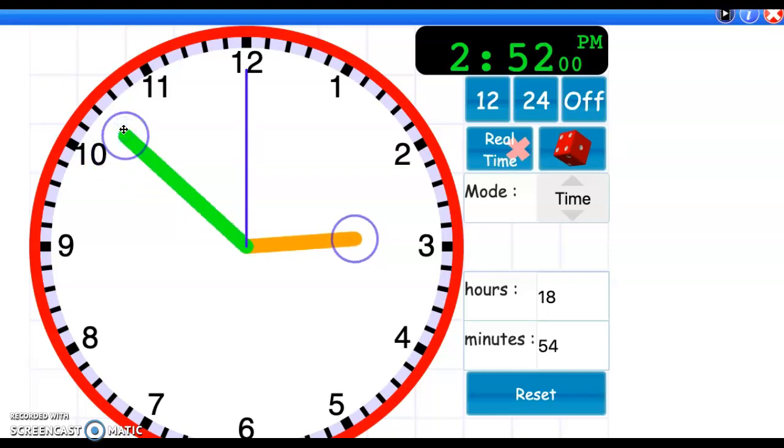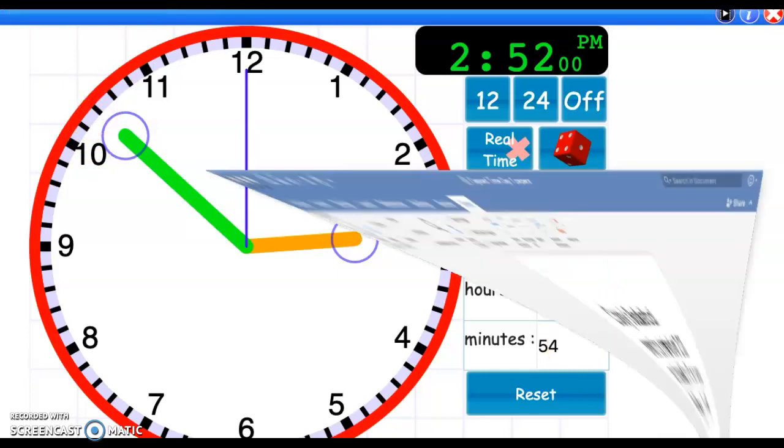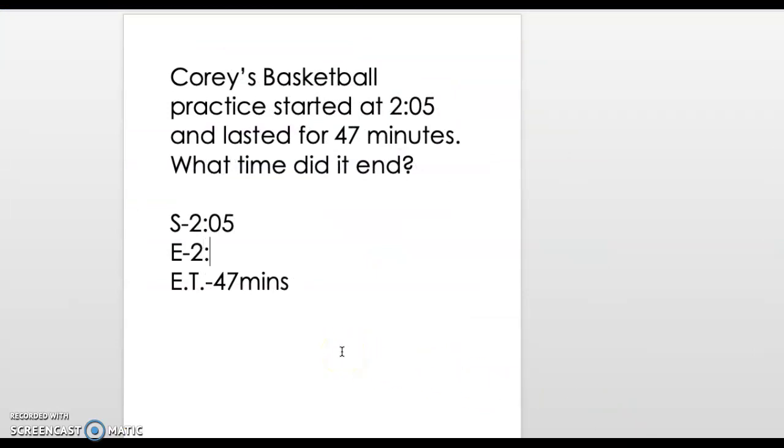Phew! Okay, and what time does it say? It says it's 2:52. Now, of course, it's probably not going to always tell me the answer. So I should know that 10 times 5 is 50, 51, 52. So I'm going to go back to my page and put in 2:52 for my end time. For this one, I actually had to do 45 plus 2 in order to get there.